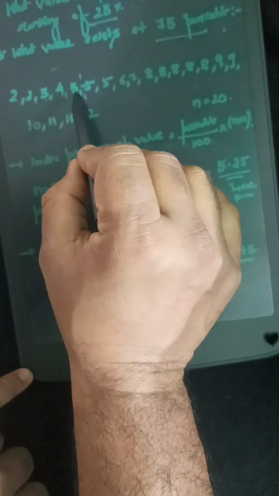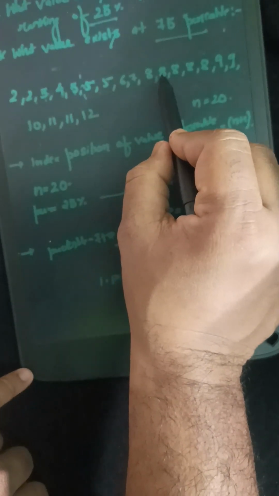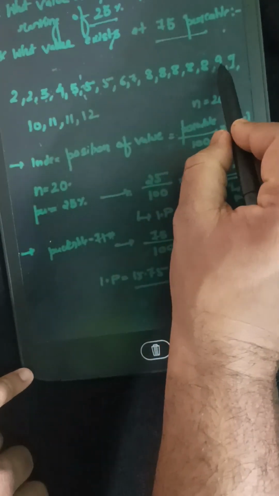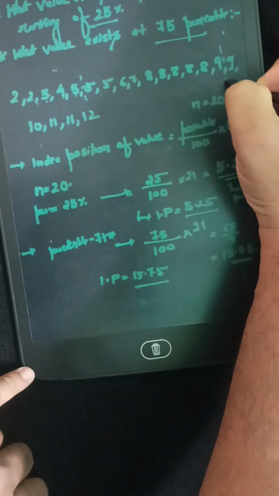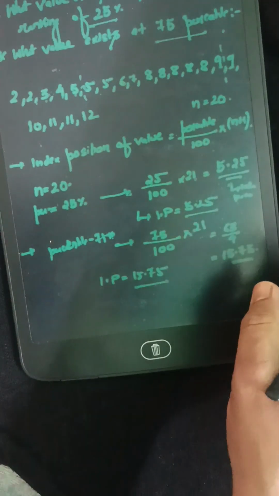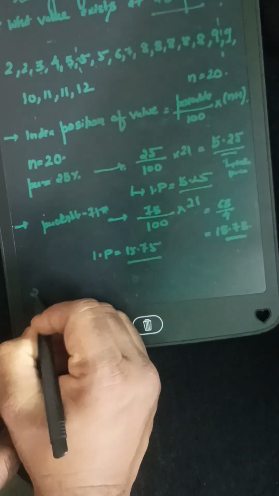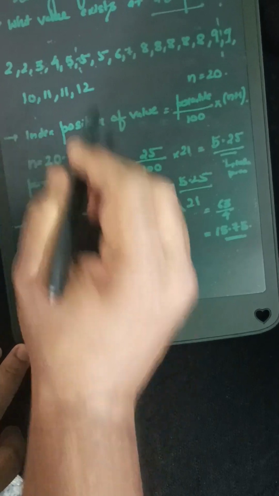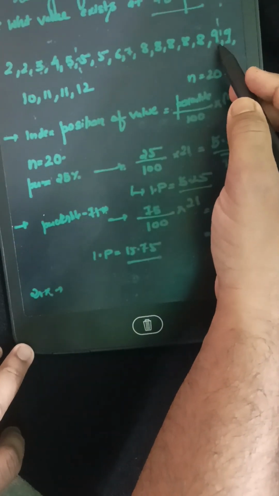So up till here was 5, then 6 7 8 9 10 11 12 13 14 15. So 15.75 means anywhere between 9 and 9, somewhere between these two data. So how do I conclude which is the value for this index position? For the 25th percentile it is between 5 and 5, and for the 75th it is between 9 and 9.